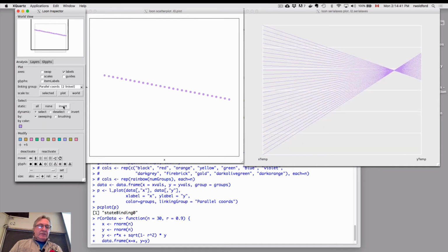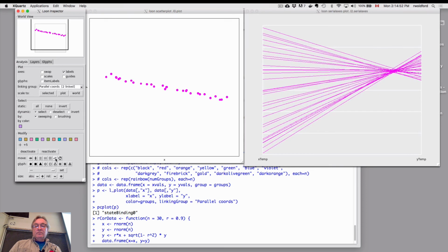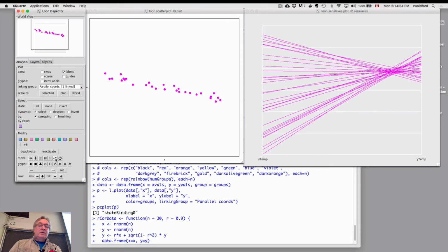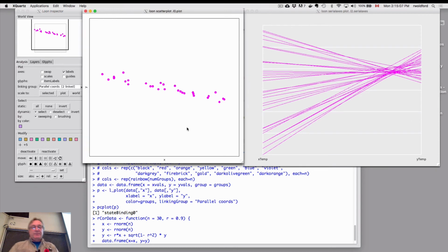If I select these, the negative correlation intersects at a point there, and I jitter these. You can see that it's close to a line, close to a point. Okay. This line-point duality.